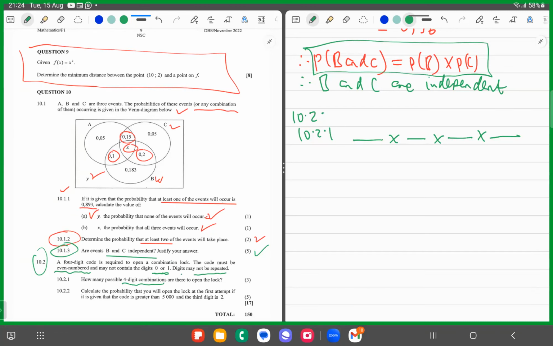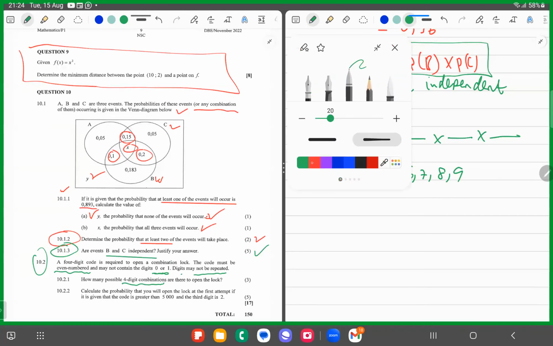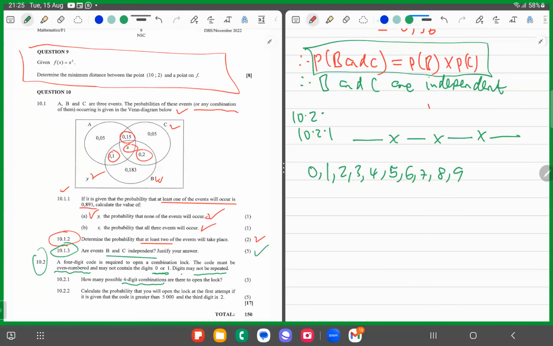So there are a couple of things you need to consider. If you look at the digits, I'm going to write all of them: 0, 1, 2, 3, 4, 5, 6, 7, 8, 9. Any number in our system of numbering, we use these combinations to form billions, millions, etc. Now we need to think about how we can use this.